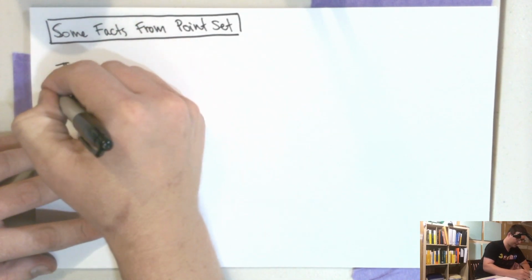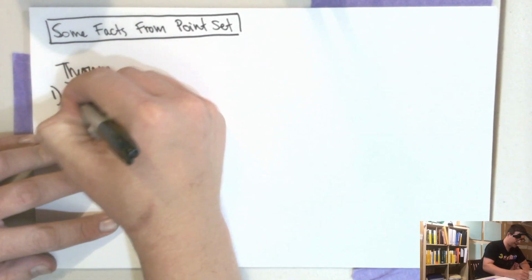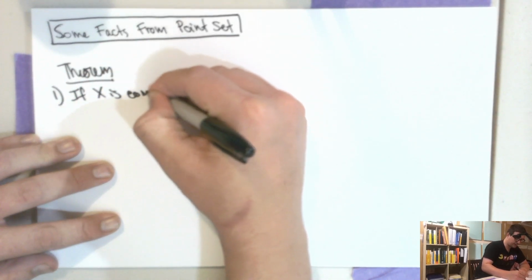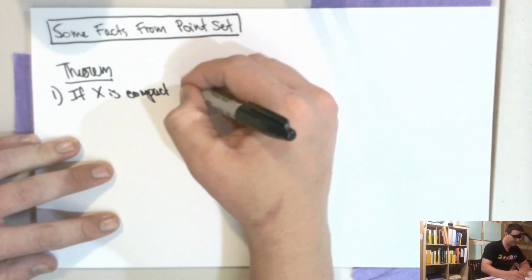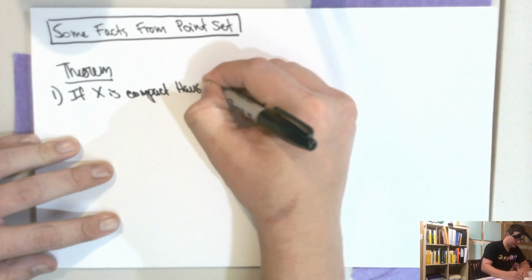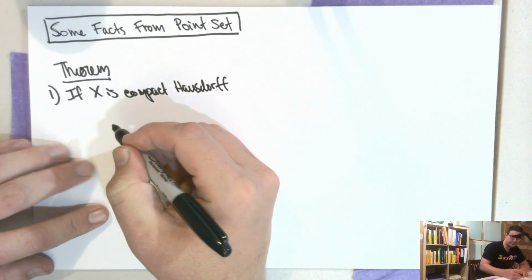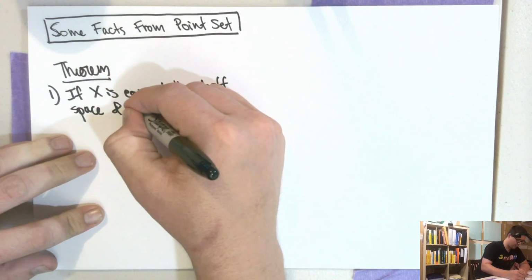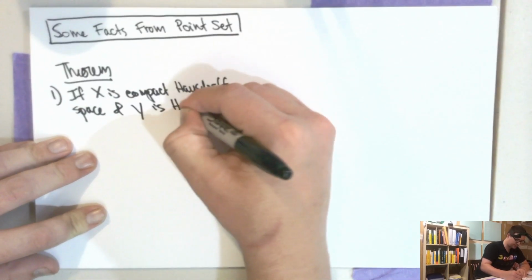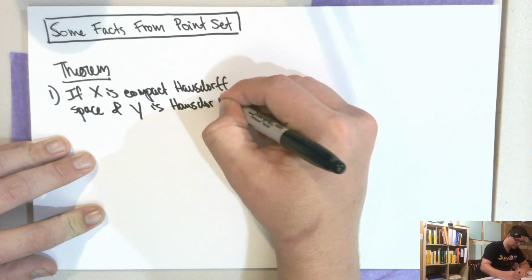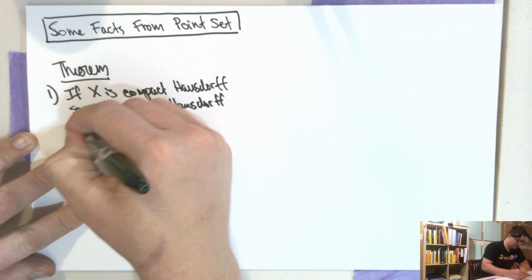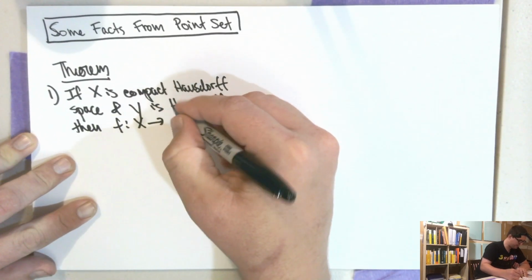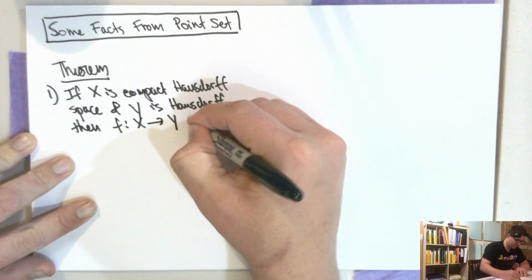Okay. So it has two parts. So the first part says that if X is a compact Hausdorff space, and Y is Hausdorff, then f from X to Y is closed.